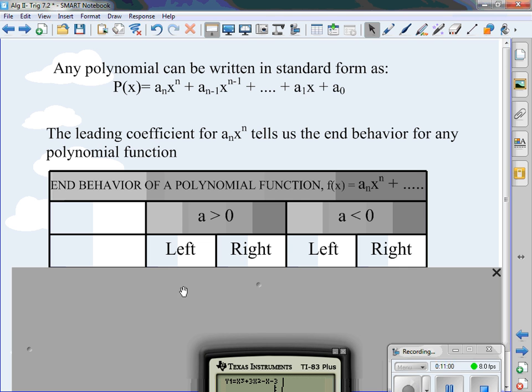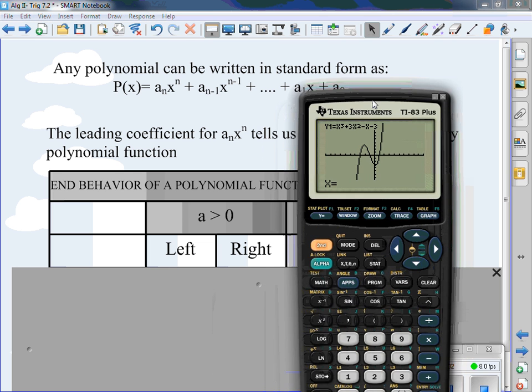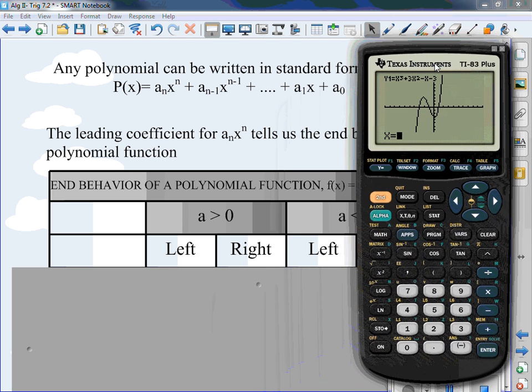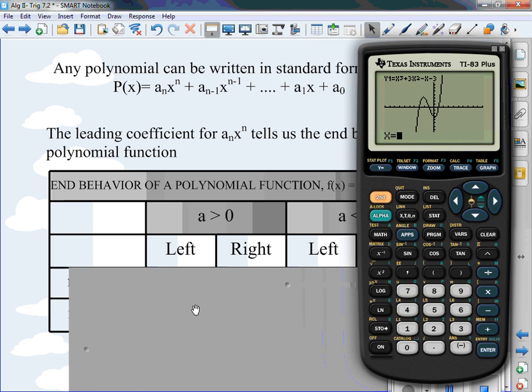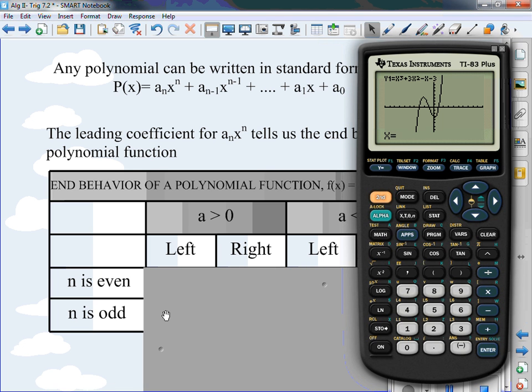What happens on the left of our graph? It's going up. And what does it do over here on the right? Okay. There's another little case here. If n is even, n is odd. So this goes up and it's going up here. What is my n in our previous problem?